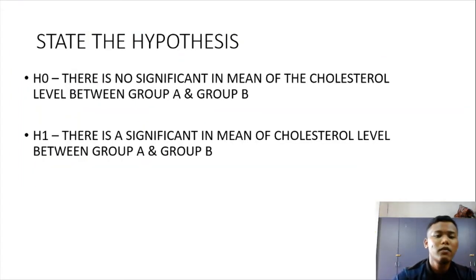Now I will state the hypotheses for question 1. First, there is no significant difference in the mean of cholesterol level between group A and group B. The second hypothesis is that there is a significant difference in the mean of cholesterol level between group A and group B.